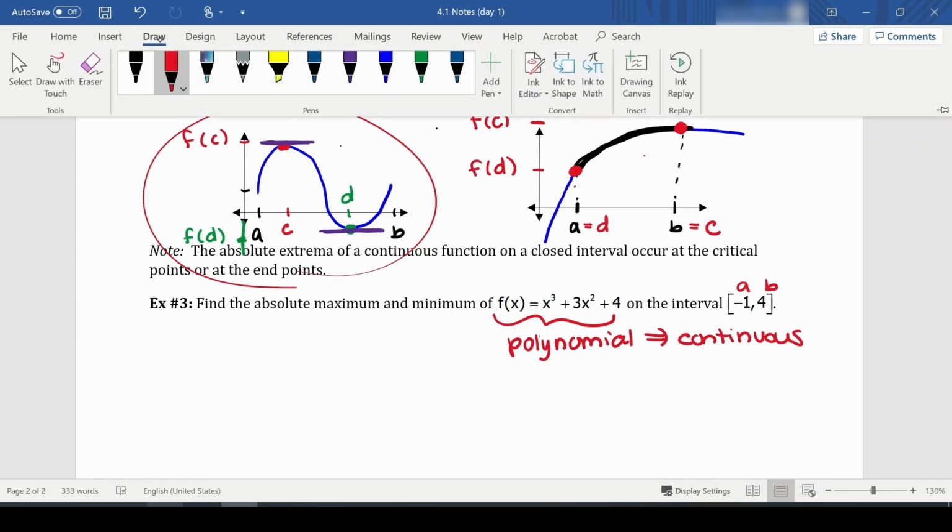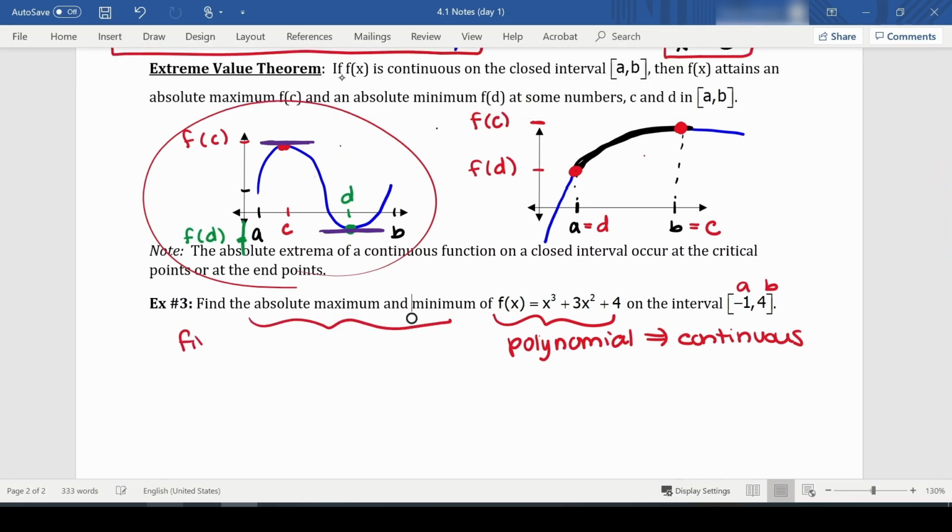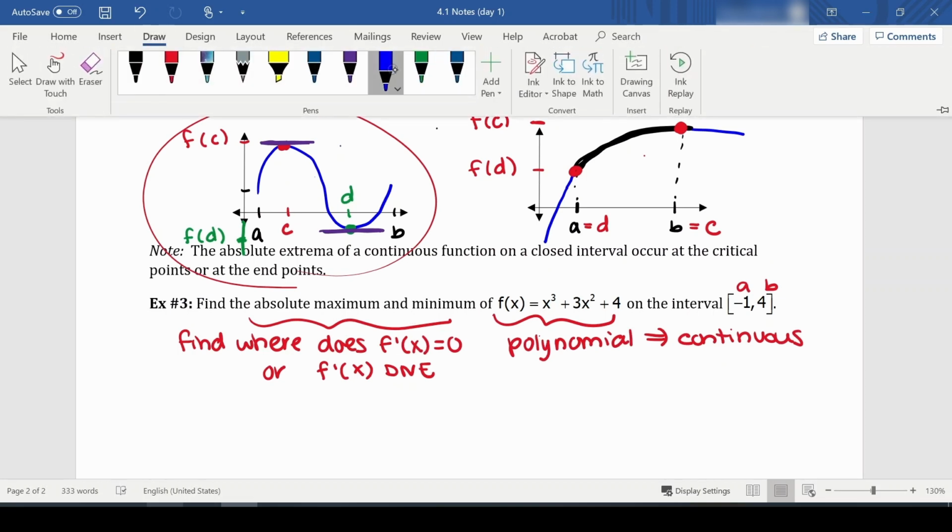If I want to find my absolute maximum and minimum, I need to find where f prime equals 0 or f prime does not exist. And then I'm going to plug those x values and my endpoints into my original function and see which one's biggest and which one's smallest.